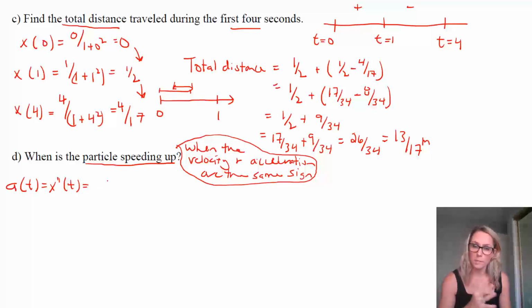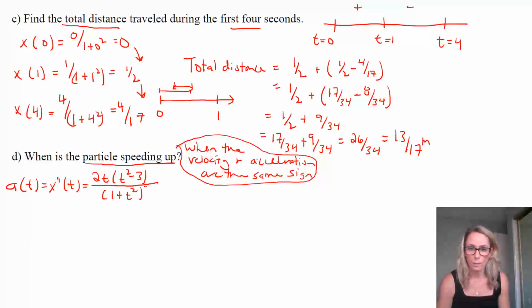If you do that correctly, I'm just going to tell you what it is. If you want, you can pause, try it, and see if you're right, if you want more practice with the quotient rule. But the answer that does come out is 2t times (t squared minus 3) over (1 plus t squared) cubed.